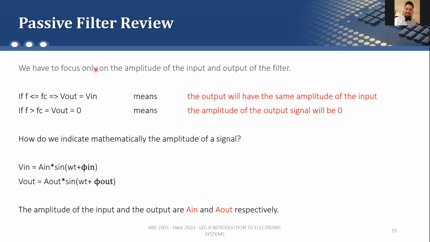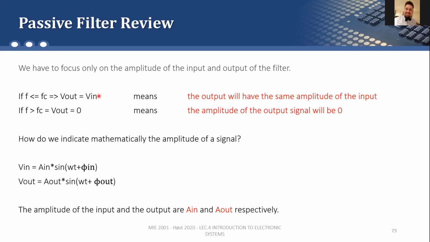In particular, as I said before, when we talk about filters, we are actually interested in two parameters. The first one is the amplitude, and the second is the phase or the phase shift. I will explain soon why. First of all, as you can see from the definition here, if the frequency is smaller than the cutoff frequency, then the input reaches the output of the filter.